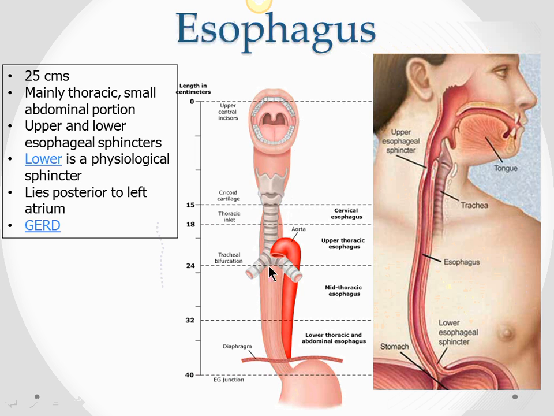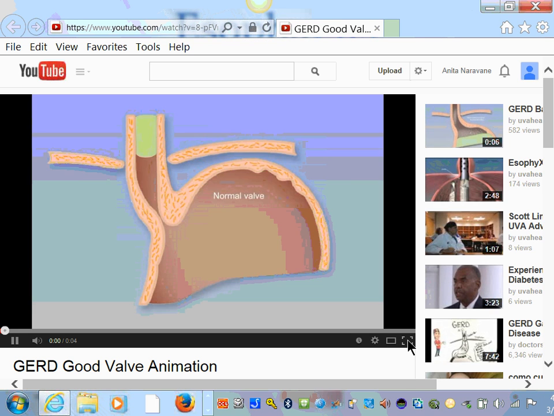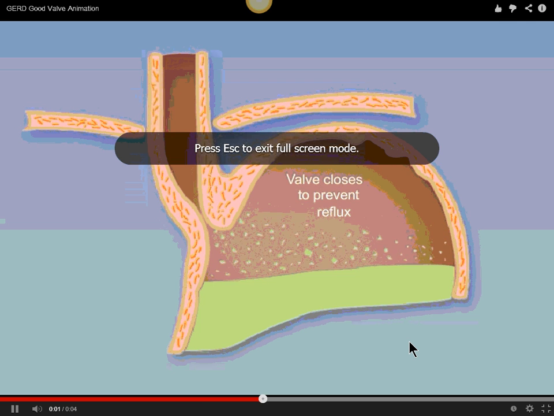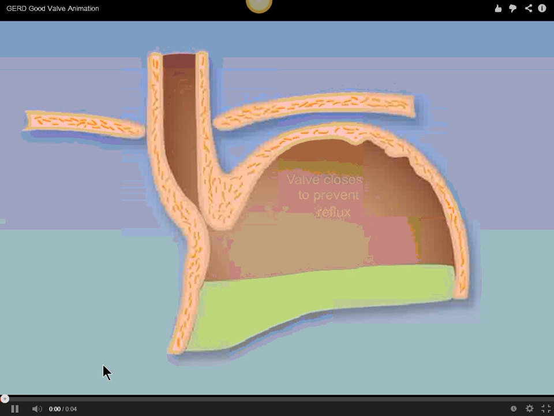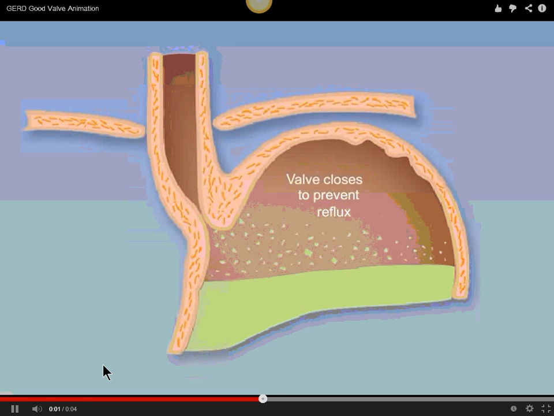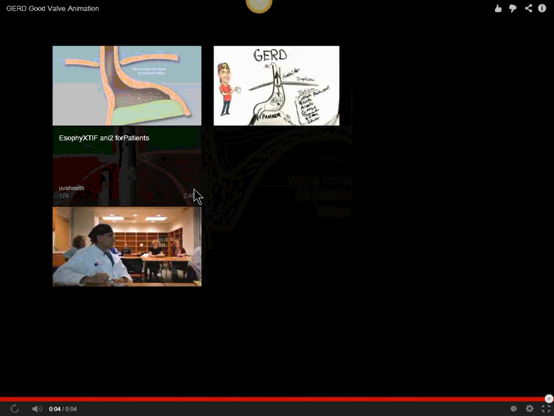So here are some videos to show you what happens in a normal esophagus where the valve is working properly. Notice a normal valve. I'm going to replay that. The valve closes and no reflux occurs.